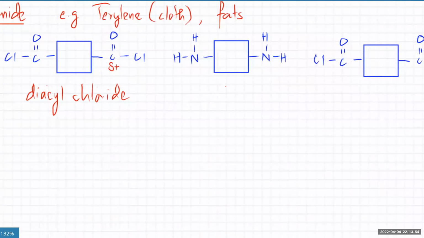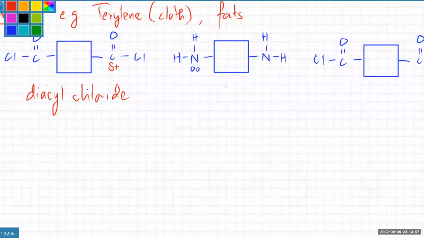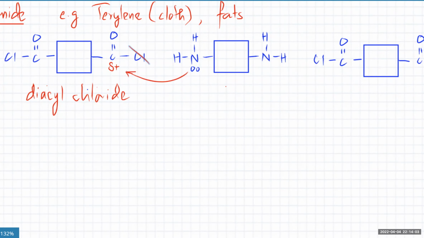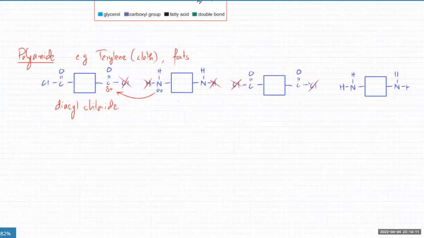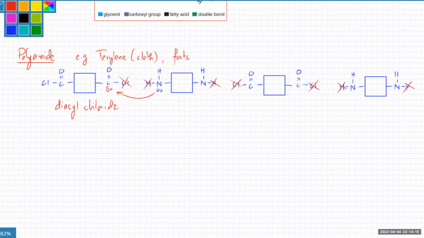The lone pairs on N are going to be attracted very strongly to the positive carbon over here, and you will have an elimination reaction. The Cl and the H will get removed everywhere. So the H at the end is also gone, and the Cl at this end is also gone.